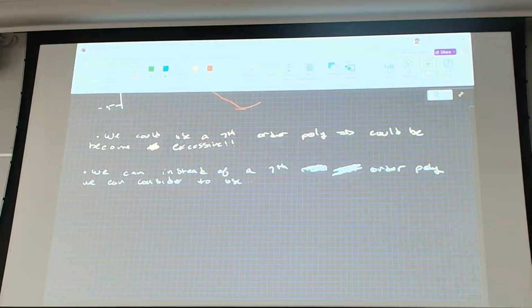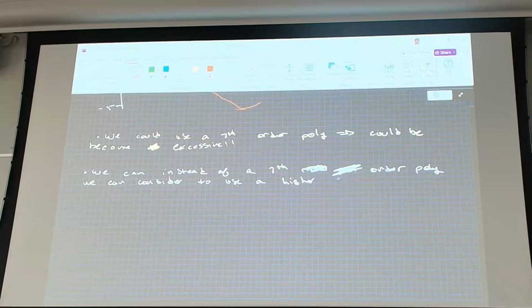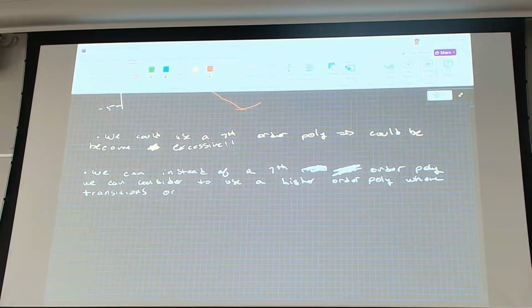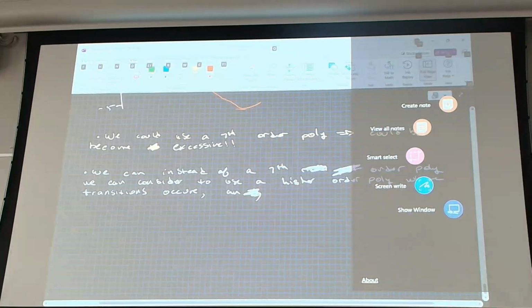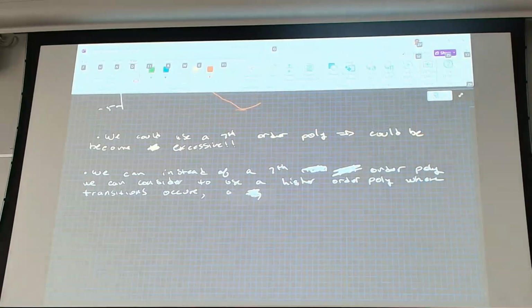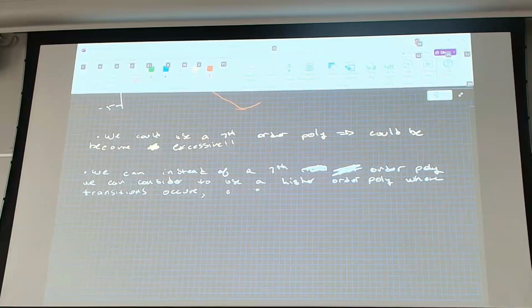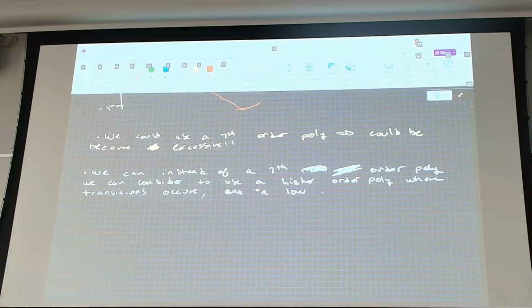We can consider using a higher order poly where transitions occur, and a low order polynomial during constant motion.